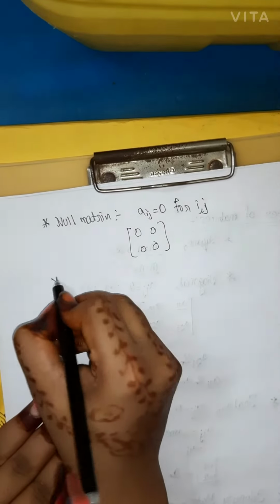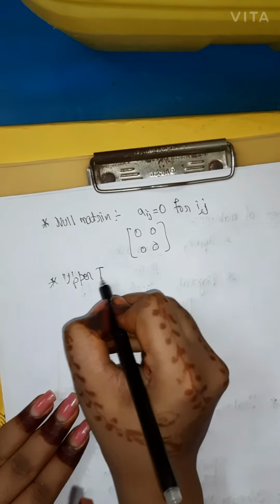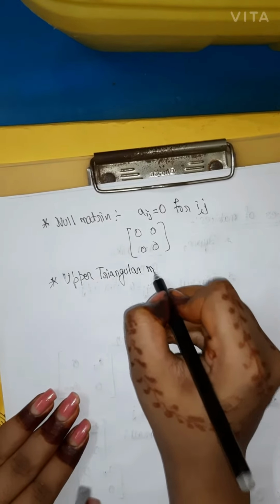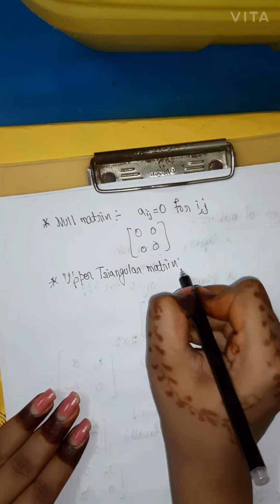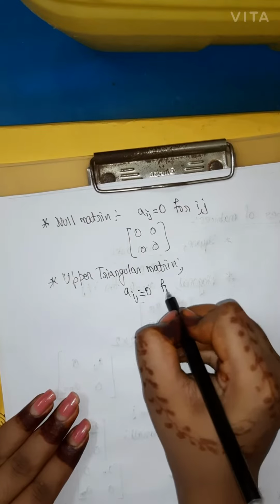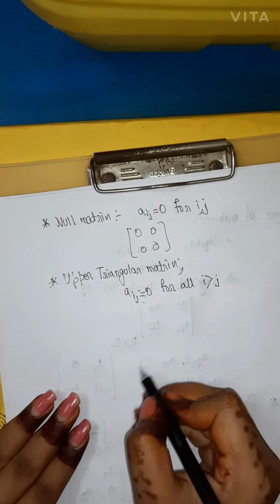Now what do you mean by an upper triangular matrix? Here Aij is equal to 0 for all i greater than j. What do you mean by that?